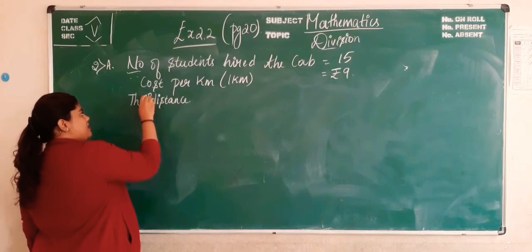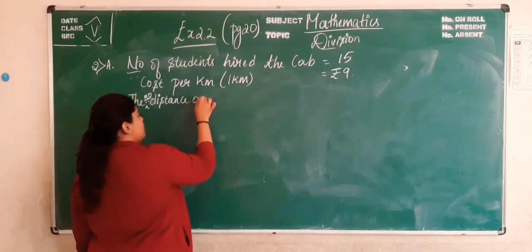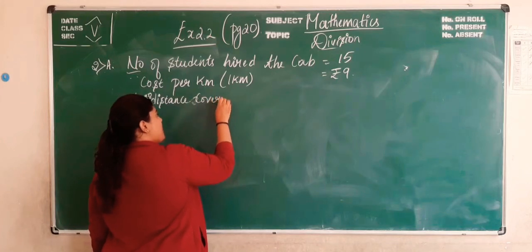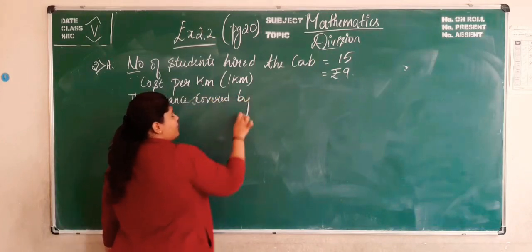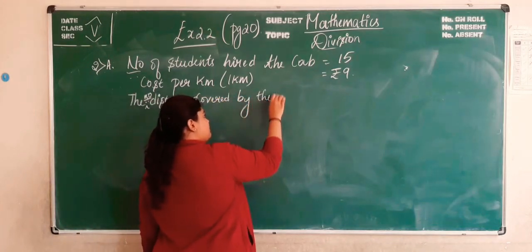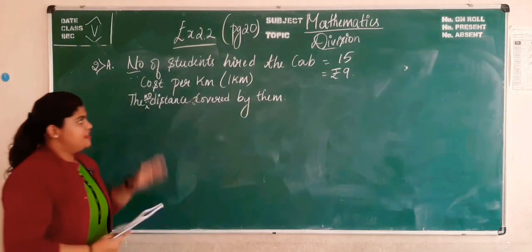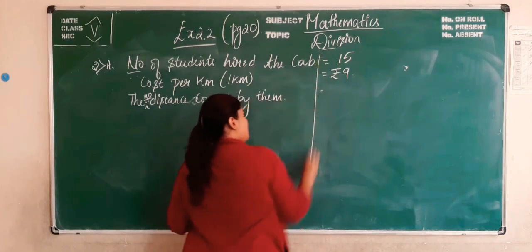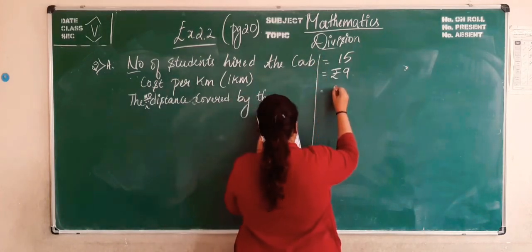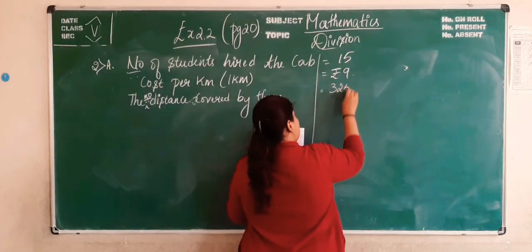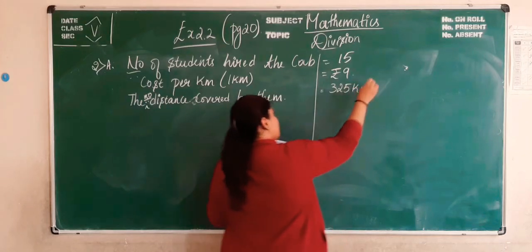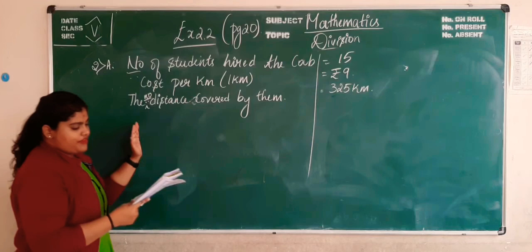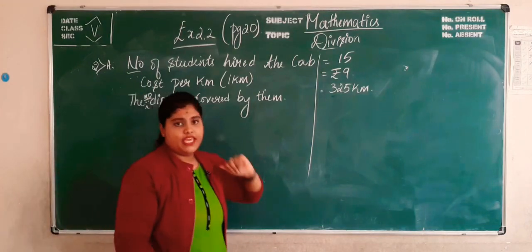I write here the number of distance covered by them. So, the number of distance covered by them is equal to 325 kilometers. Next, find the amount to be shared by each of them.